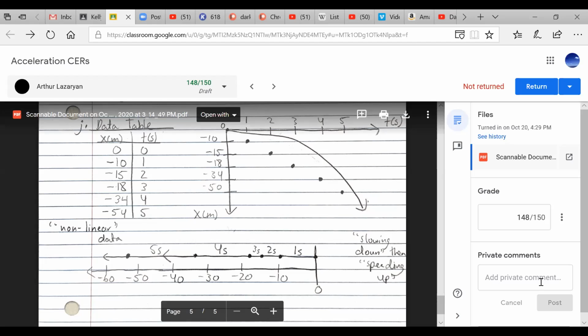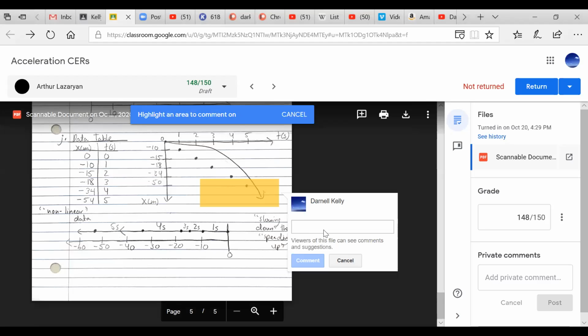Can anyone else see my comments? Can no one else see what I write? Because as you can see here, if I wanted to add a comment, I have to highlight, and then it does that, but you can't see this at all. I cannot know. Okay, that's weird. So, I mean, what's the point of highlighting?